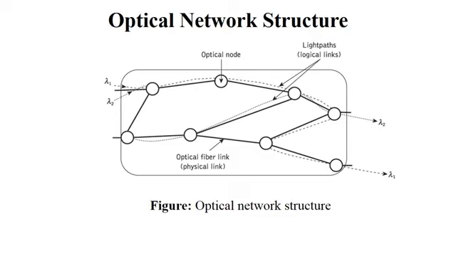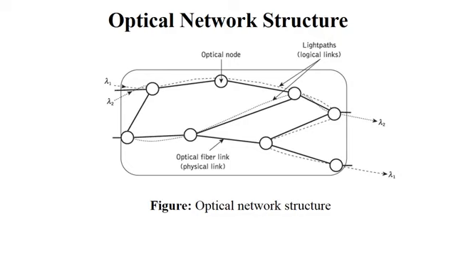Now getting into these fibers. Here we can observe that an optical fiber provides a point-to-point connection between neighboring nodes. In case you want to make a transmission from this particular node, at the leftmost side, to another node at the bottom right side, there is no point-to-point communication.